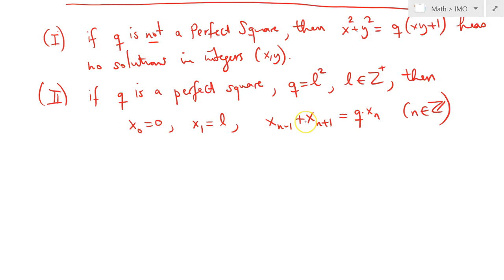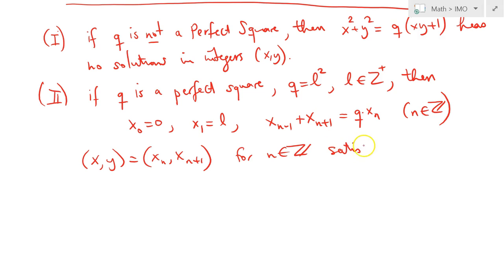So you have an increasing sequence of integers, and I claim that the pairs x, y, which are equal to x sub n, x sub n plus 1, for n an integer, satisfy the main equation, x squared plus y squared is equal to q times xy plus 1.